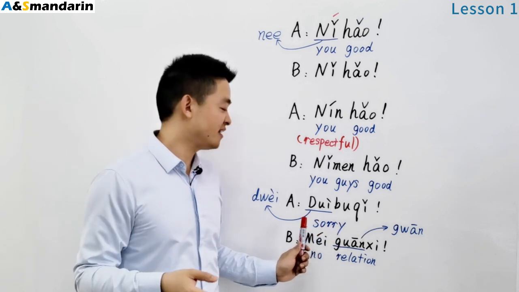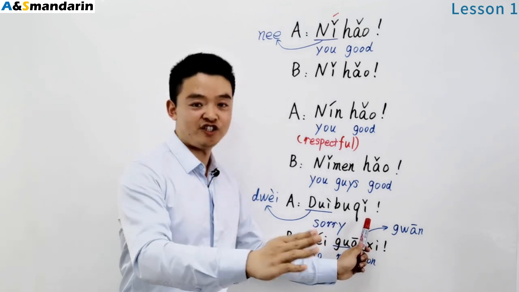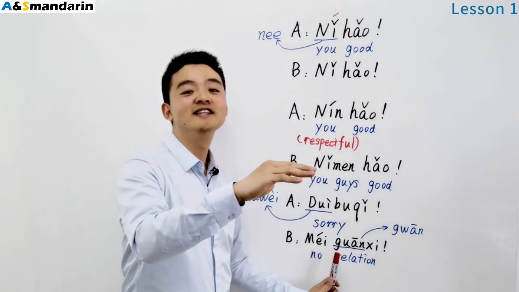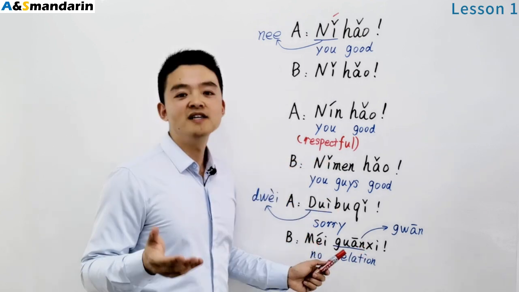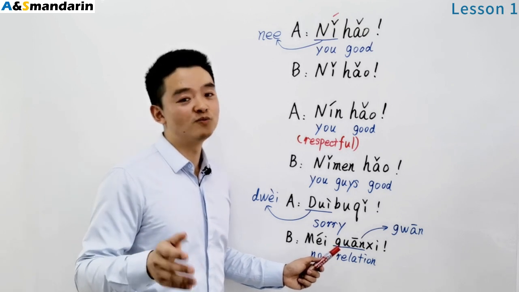Let's read the text again. 对不起 没关系 Let's go through text 1 to text 3 at a slow speed and normal speed.